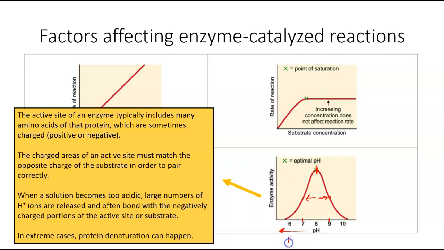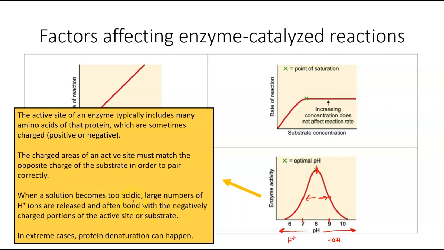We are increasing the H+ ions in solution. As we increase our pH, we are actually releasing OH- ions in solution. And because these are charged, they're often going to greatly influence the areas of the protein that are oppositely charged, and that causes our protein conformational shape to change.